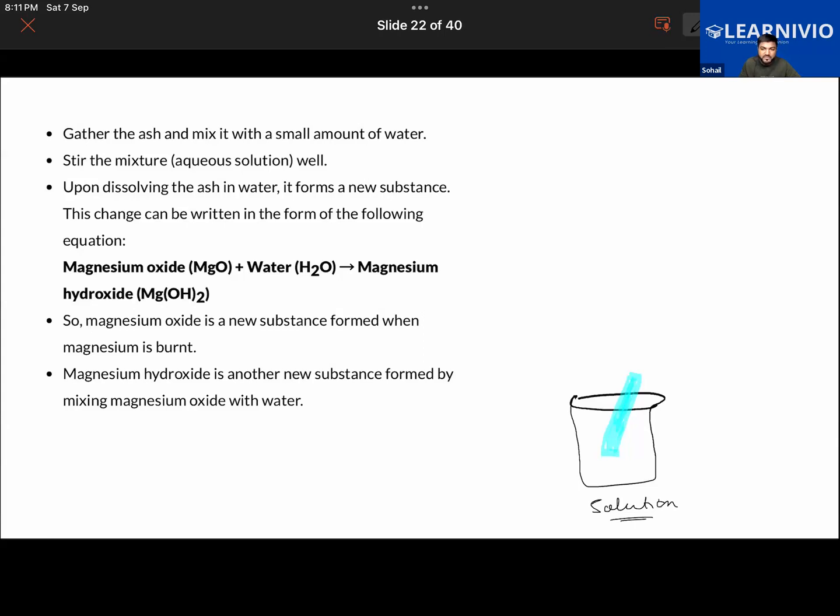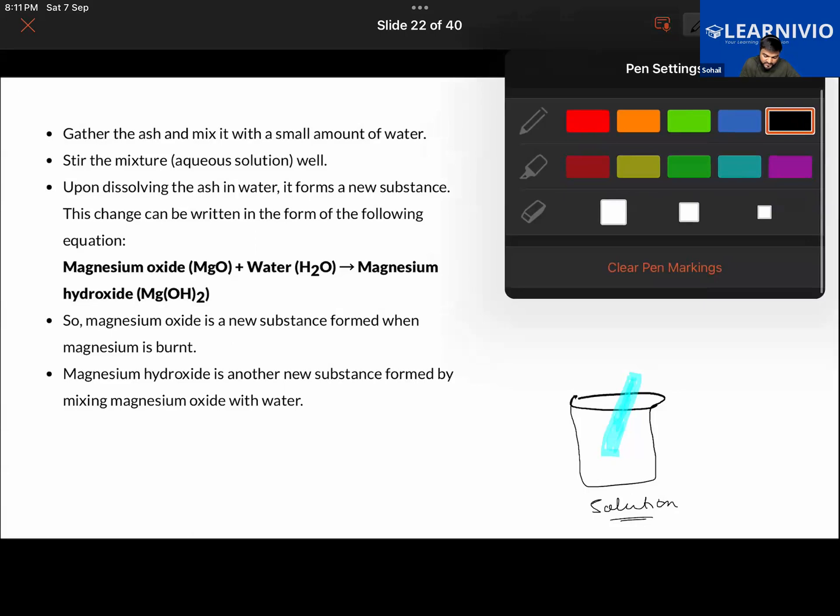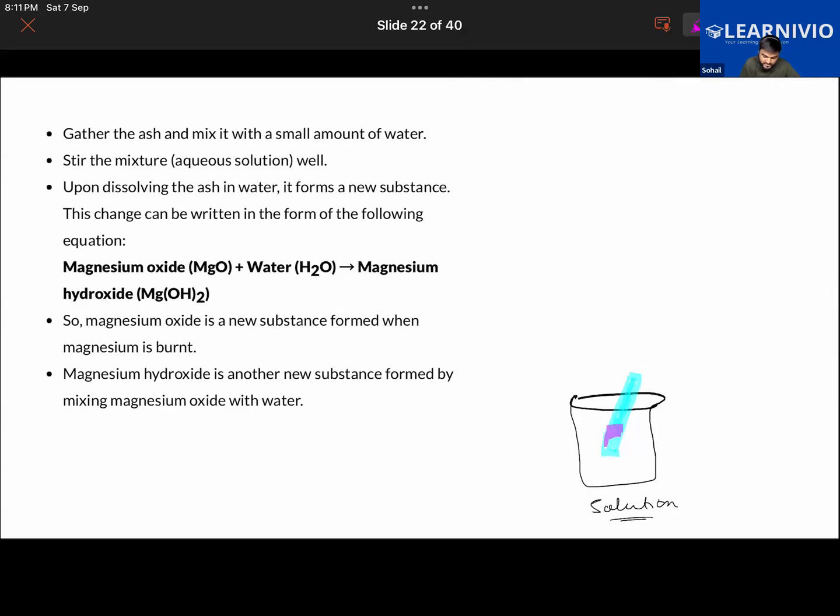If I were to dip a blue litmus, and if the color of the blue litmus paper after dipping changes to red, it is an indication that the given solution that I am testing is acidic in nature. Getting it, both of you? Yes, sir. But sir, if it remains blue, it means it is basic in nature. That's a different thing. But the main thing to be understood is that acids turn blue litmus to red.